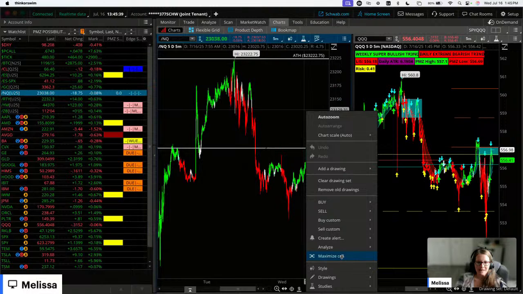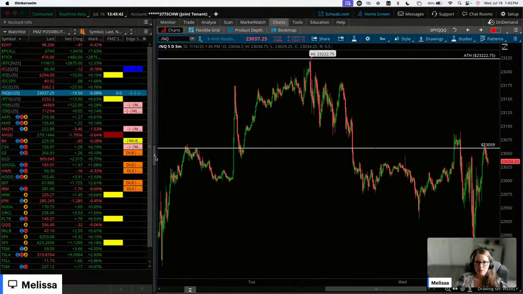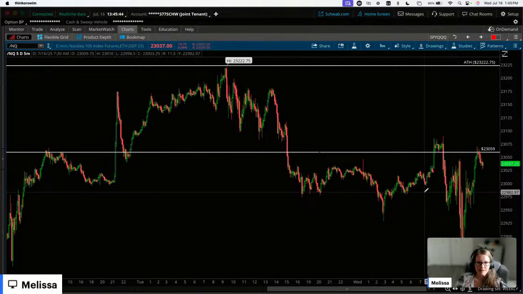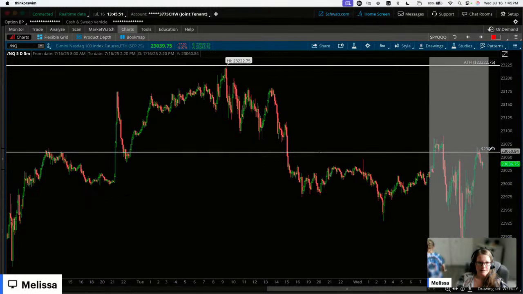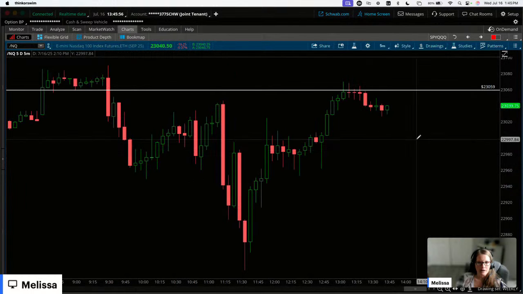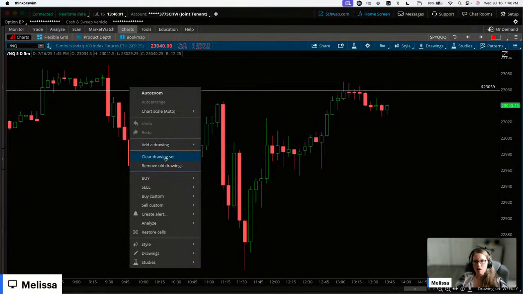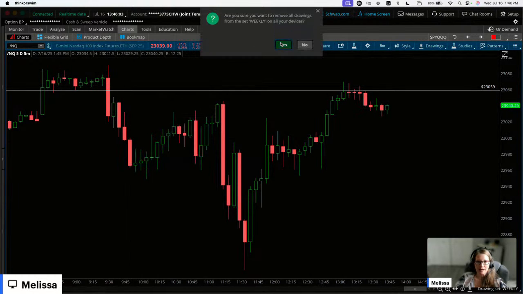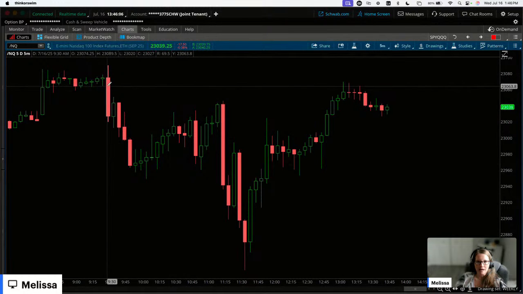I'm going to maximize this so that we can look at these imbalance candles together. And I want to focus on today's price action that we could have day traded off of. So here is the opening candle on NQ. Let me take that white line off. You can see the very first 5-minute candle on NQ created an imbalance candle.